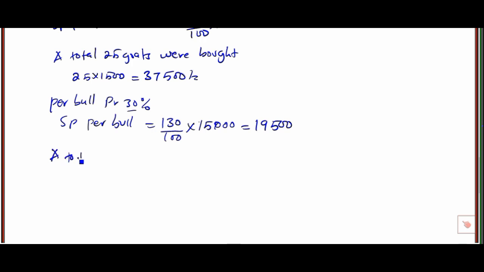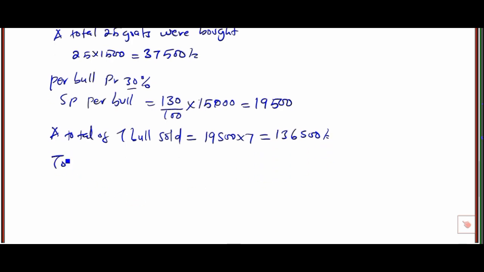But there were 7 bulls, so a total of 7 bulls were sold, which means you shall take the cost of one bull times the total number of bulls, 7, and this becomes a total of 136,500 shillings.